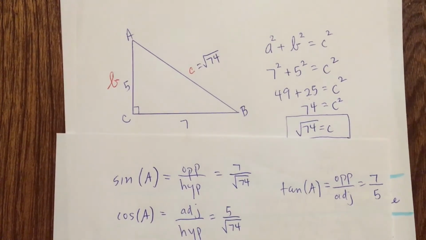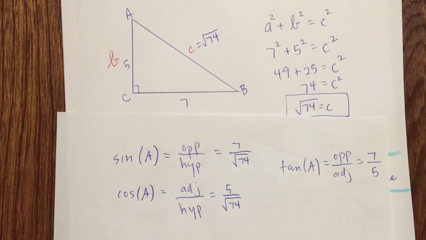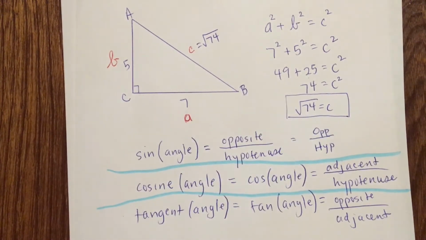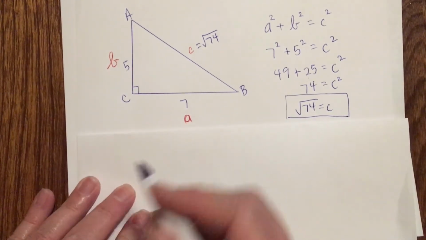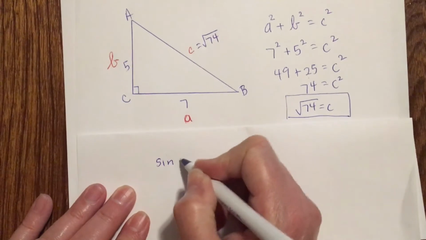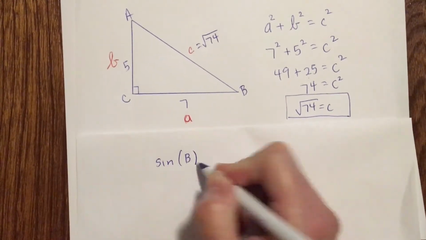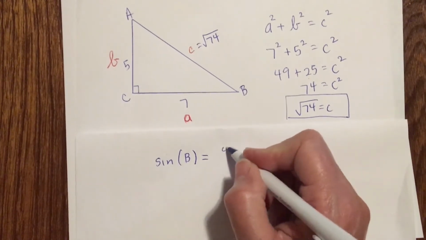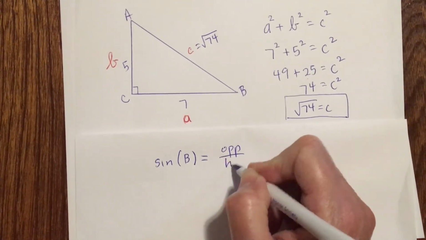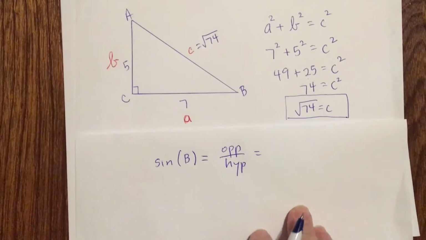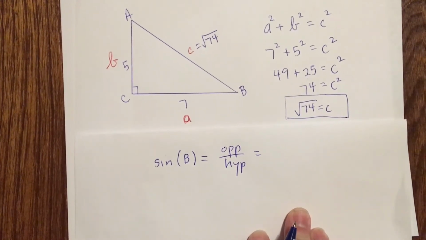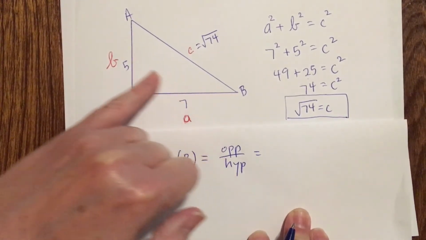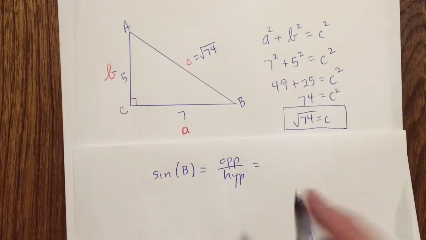Now if I switch it up and I look at angle B, my adjacent and my opposite have now traded places. So if I want to do the sine of angle B, the sine is always opposite over hypotenuse. The side opposite from B is going to be 5.